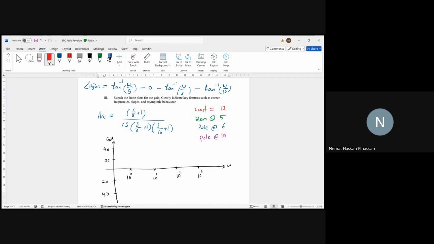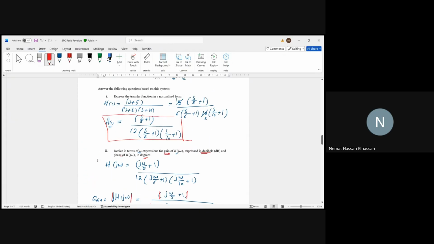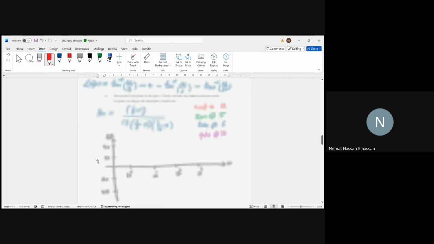So a constant at 12, it means I'm looking at 20 log 12, which is equal to, let's just evaluate it for a second.